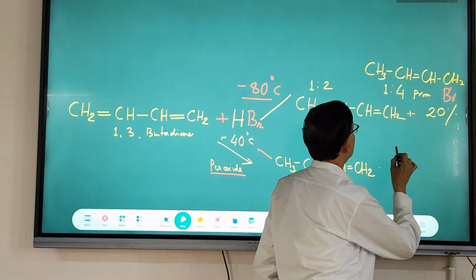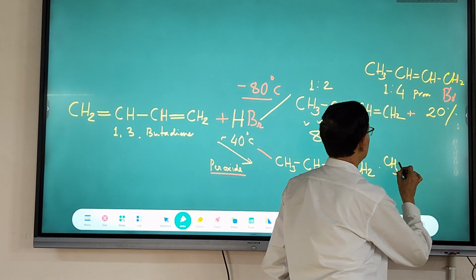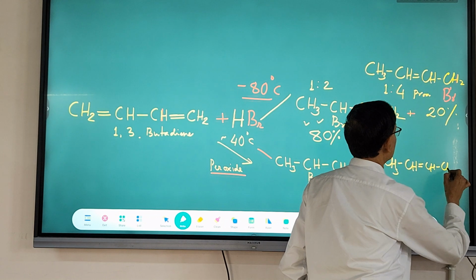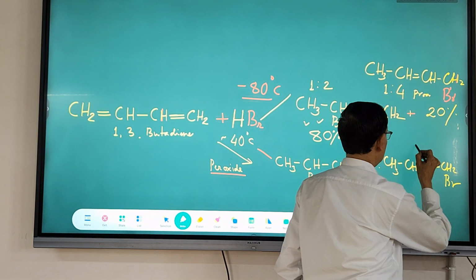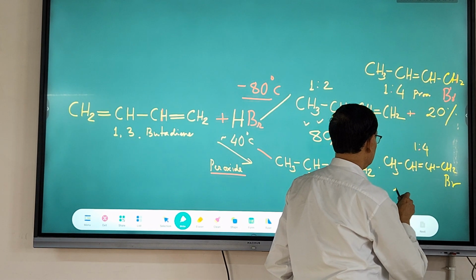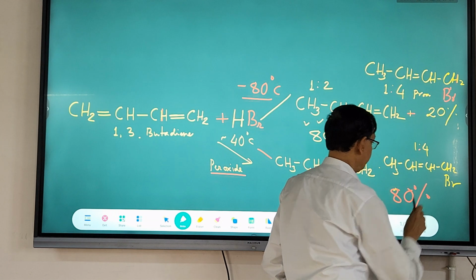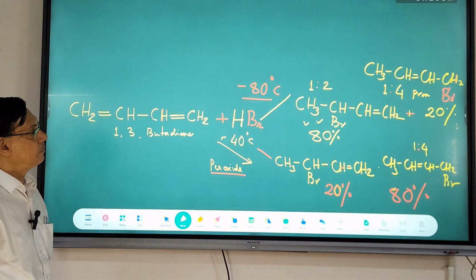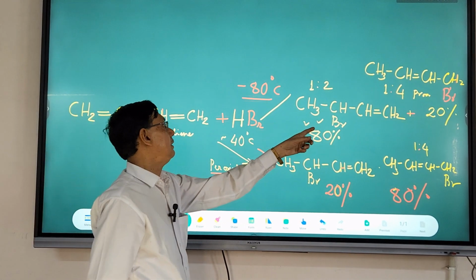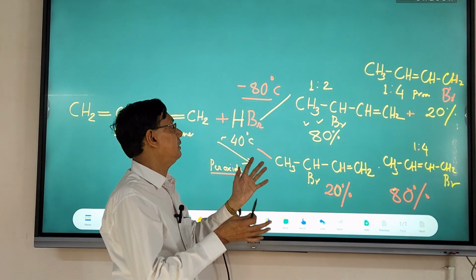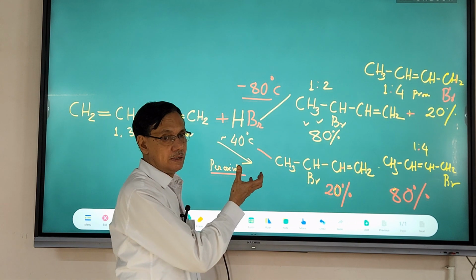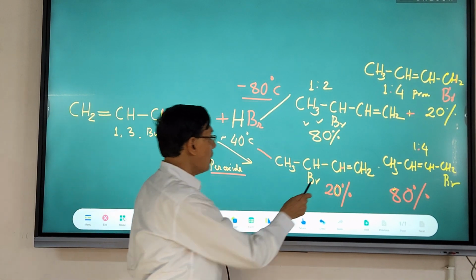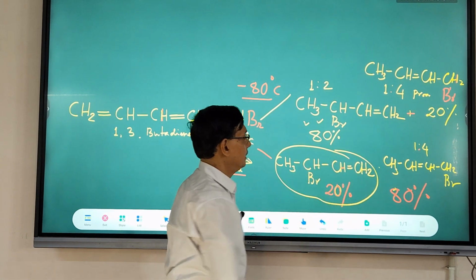Whereas the other product, CH3, CH, CH, CH2Br, the 1,4 product, is just the opposite, 80%. So you see that the reactant is the same, but when you change the condition, at low temperature the predominant product is the 1,2 product at 80% and the 1,4 product is only 20%. But when you change the temperature, the 1,2 product is only 20%, whereas the 1,4 product is 80%.